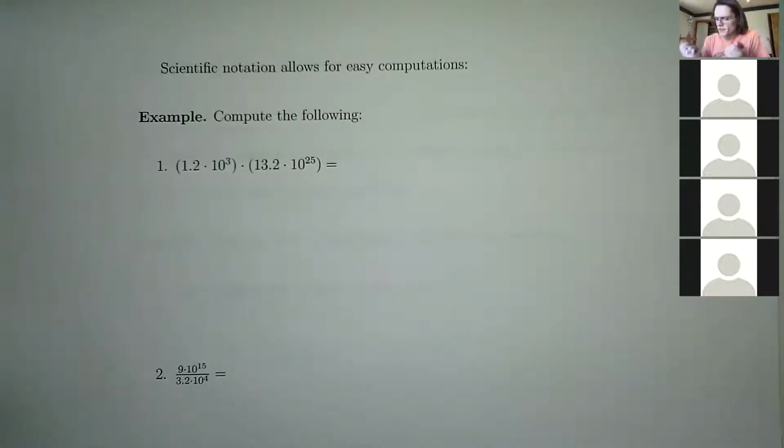And they also allow you to compare things really easily. So, for instance, if I had some huge number and another huge number, and one had like 26 digits and the other like 30 digits, it's kind of hard to compare the two numbers, looking at these huge strings, right?